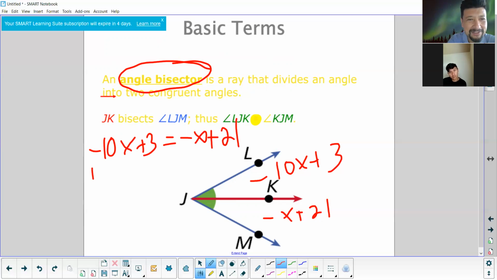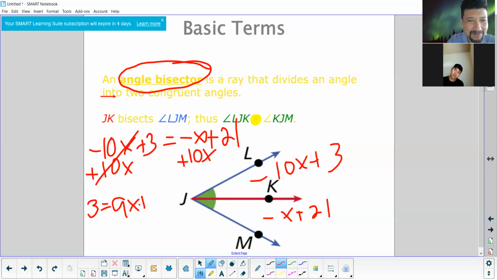The smaller x is this one. It's not weird, but it looks a little weird. So once you do that, you'll get the result that 3 equals 9x plus 21. And then we make sure we move numbers all on one side. And then that gives me negative 18 is equal to 9x.